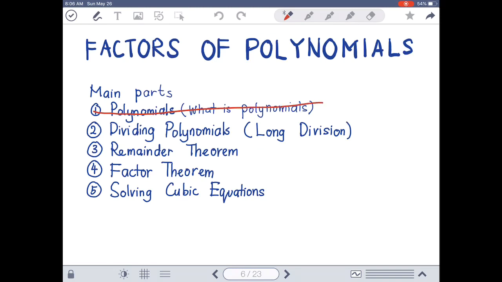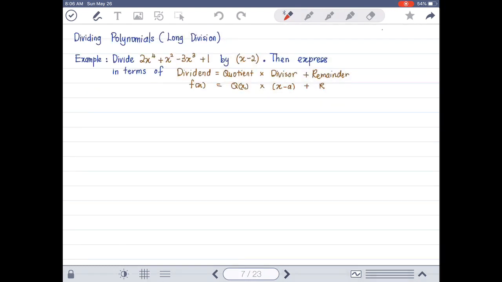Now we are going to have a look at dividing polynomials. The technique to use when we divide polynomials is known as long division. For example, we divide 2x to the power of 4 plus x squared minus 3x cubed plus 1 by x minus 2, then express in terms of dividend equals quotient times divisor plus remainder.